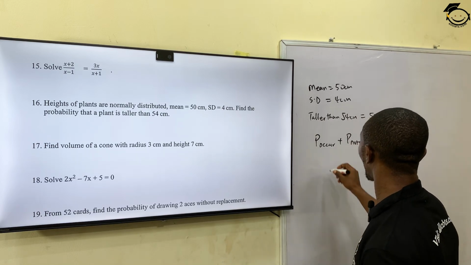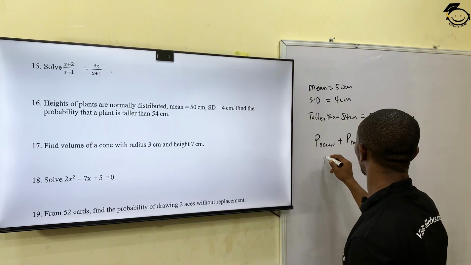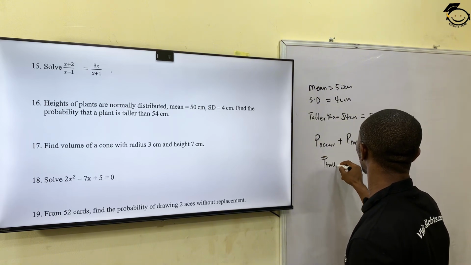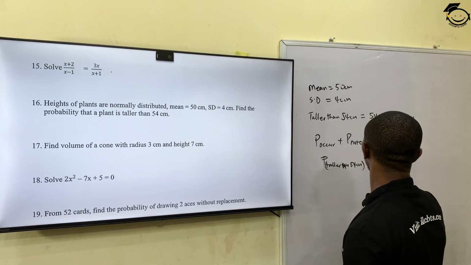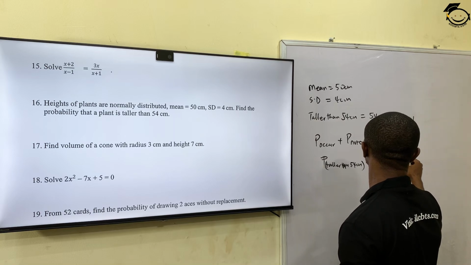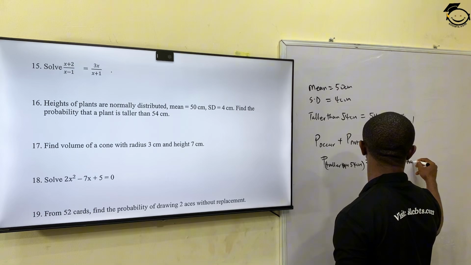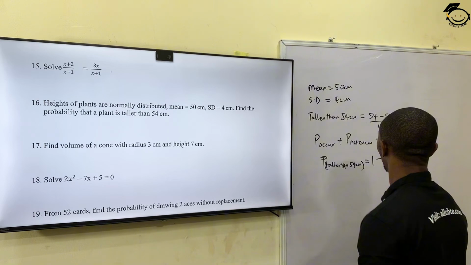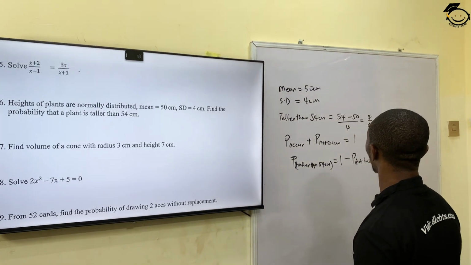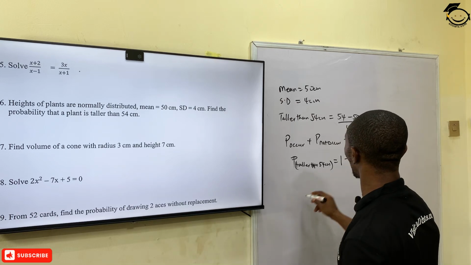Now, our probability of taller than 54 cm will become 1 minus probability of not taller than 54 centimeter.